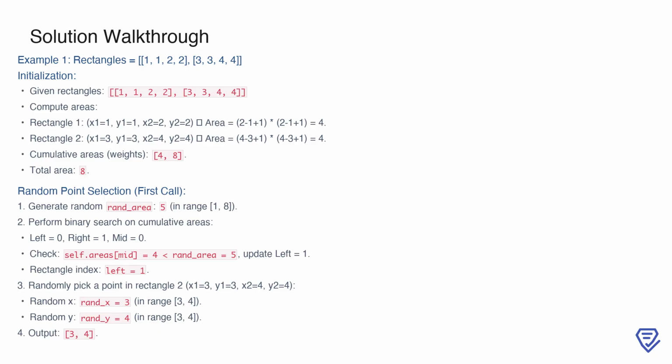This means rectangle 2 is chosen. Then, we randomly select a point within rectangle 2's coordinates, 3, 3, 4, 4. For x, we pick a random value between 3 and 4, which is 3. For y, we pick a random value between 3 and 4, which is 4. Therefore, the output is 3, 4.